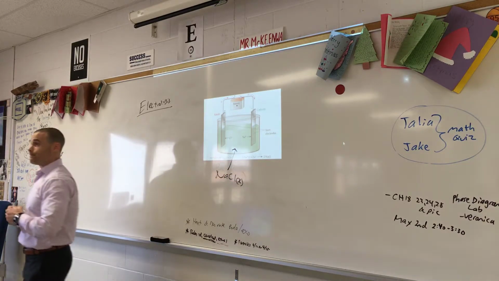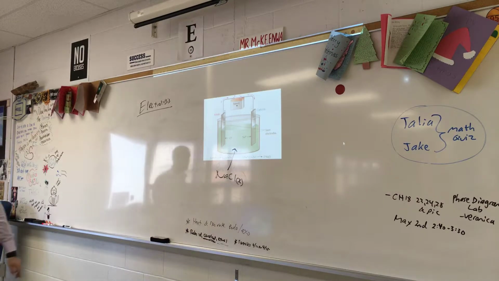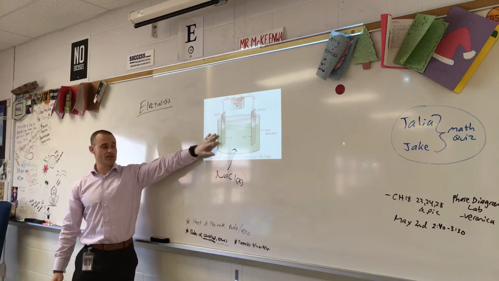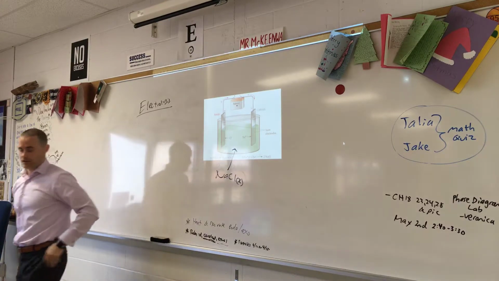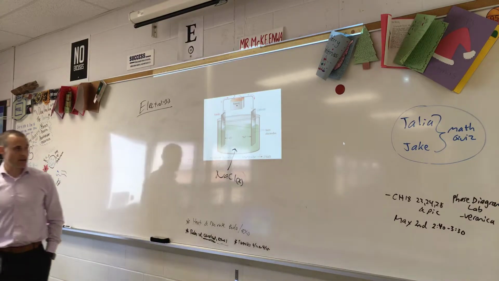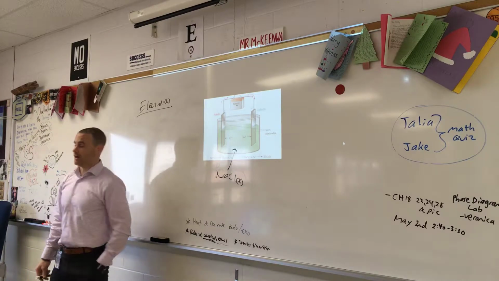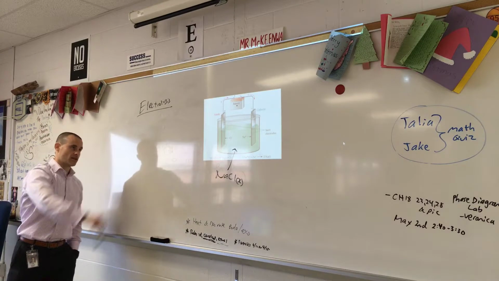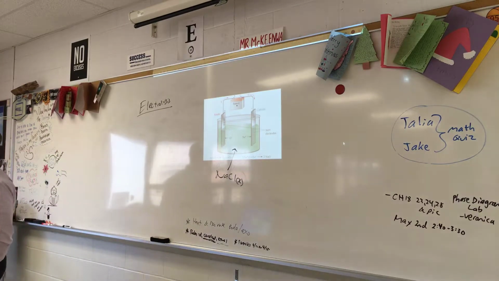So the goal here, in about 20 minutes, is to explain how to do electrolytic calculations, and then we'll have to continue with this tomorrow. So draw that in your notes. This is called an electrolytic cell. What's the big difference, Paige, between a galvanic cell and an electrolytic cell? You want me to zoom in a little bit?